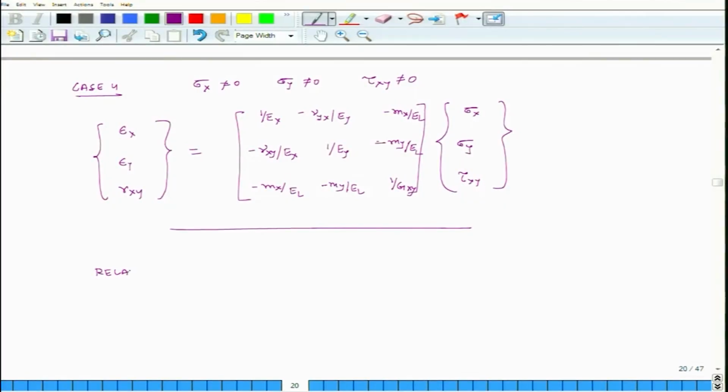So, the next question is, what is the relationship between Ex, Ey, Gxy, nu xy, nu yx, mx, my, and how can we express these terms in terms of EL, GLT, ET, nu LT, which are the 4 fundamental elastic constants for a special orthotropic lamina.